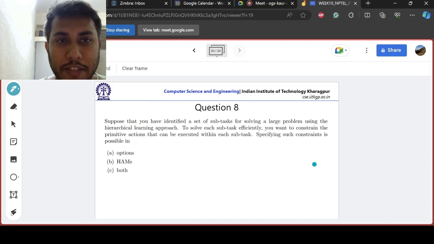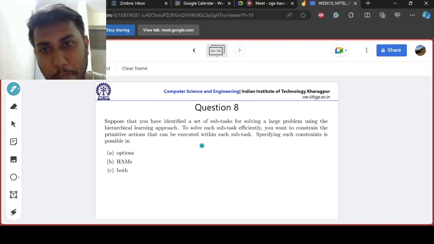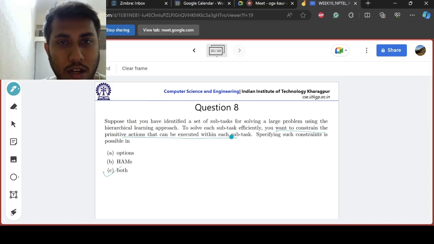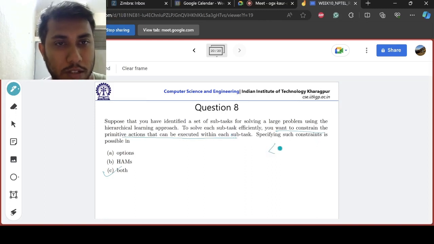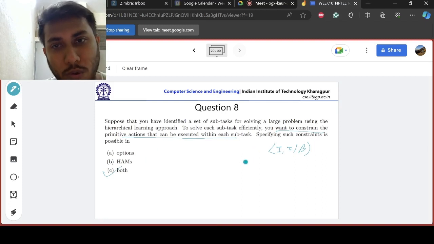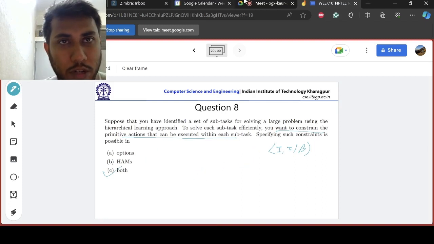So specifying such a constraint is possible in both of them, both HAM and options, simply by limiting the policy. You have to give the policy, right? It has to be I, pi, and beta. So you can limit it in options to do it, and similarly in HAM also you can do it.